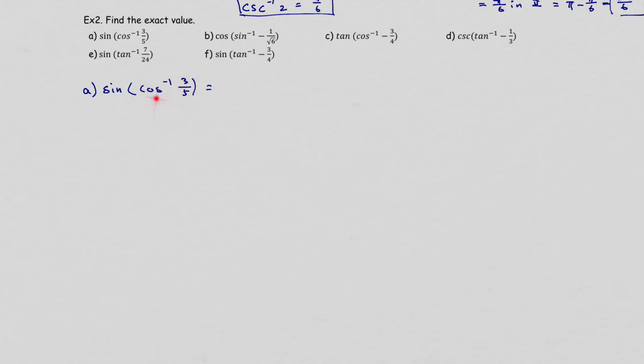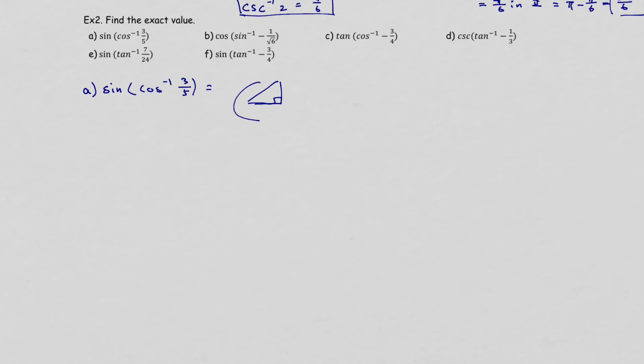So instead of finding the exact angle, we can just find all three measurements of the triangle and find the sine of that. So the first step is finding all three measurements of that triangle.